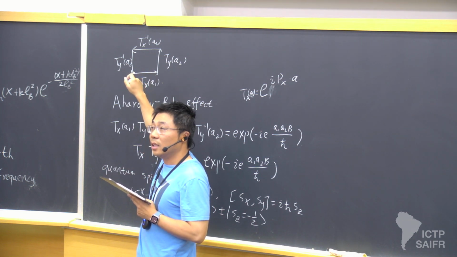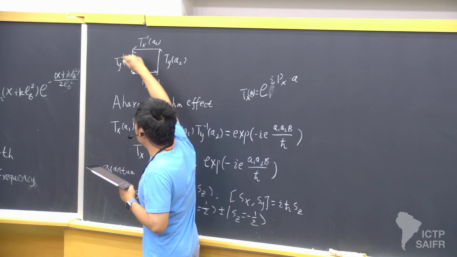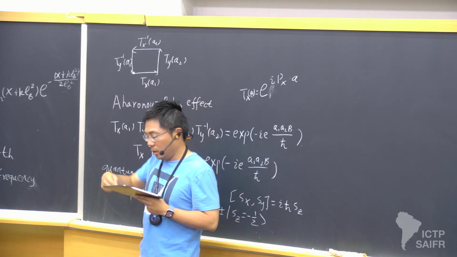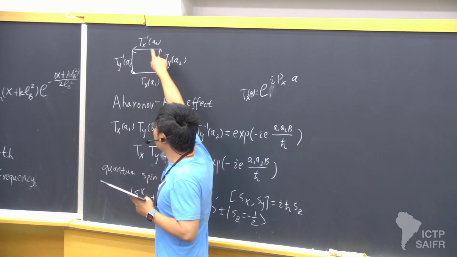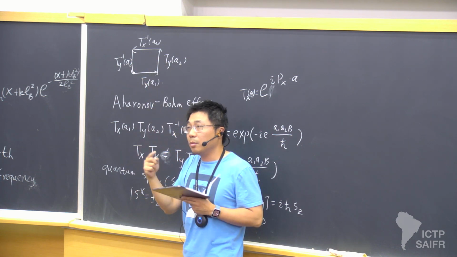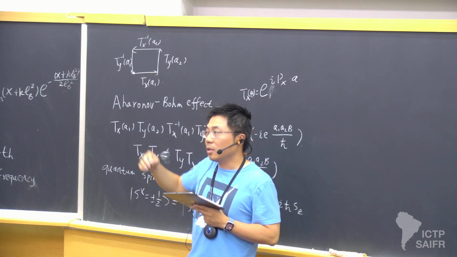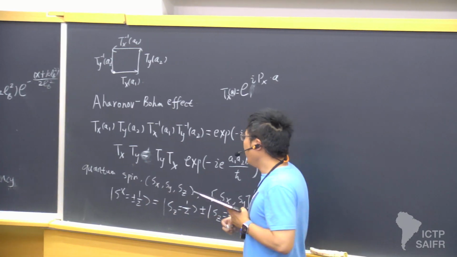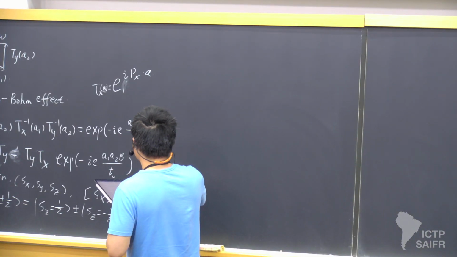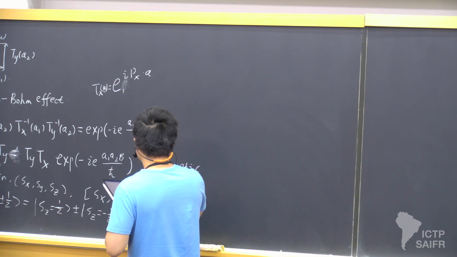Intuitively, it's really just that you have an electron moving along a circle, and then you pick up the AB phase. That's where this non-commutation relation comes from. And usually we call this magnetic translation symmetry.